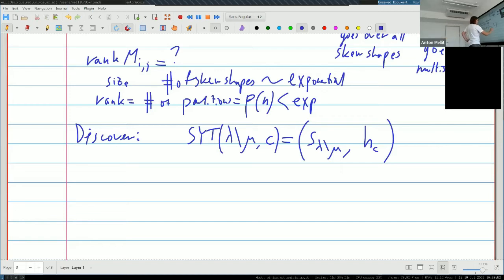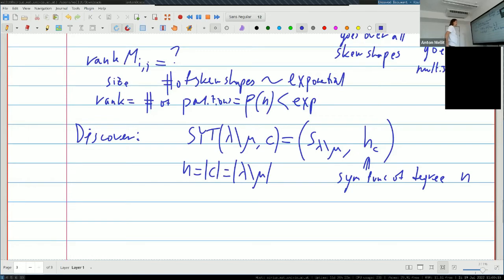These are all in the space of symmetric functions of degree n, where n is the size of the shape, which is indeed the number. So this is how you could have guessed that you should get symmetric functions, because the rank is the number of partitions. You look at the sequence of these numbers, you recognize the sequence of the partition function, and then you guess this statement.